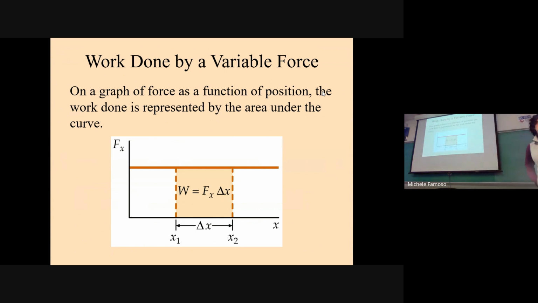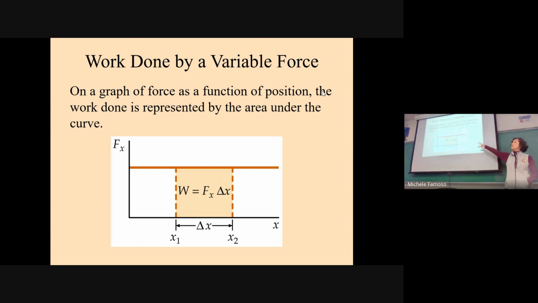Now, here's where things get fun, and we start to think about calculus. Now we're going to have forces that change in magnitude and direction possibly. So the amount of force being exerted on an object can be variable in size. When that happens, often what we will do is make a graph of the force versus the position of the object, like what you see here.